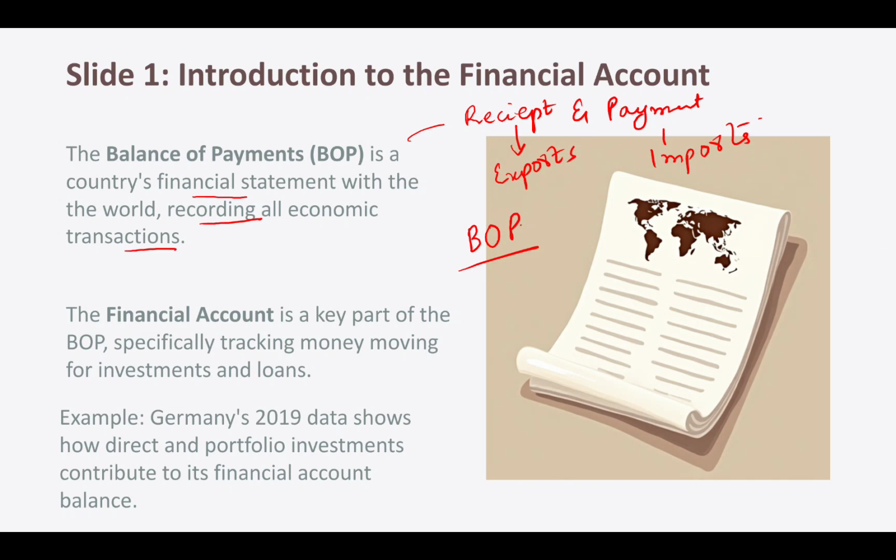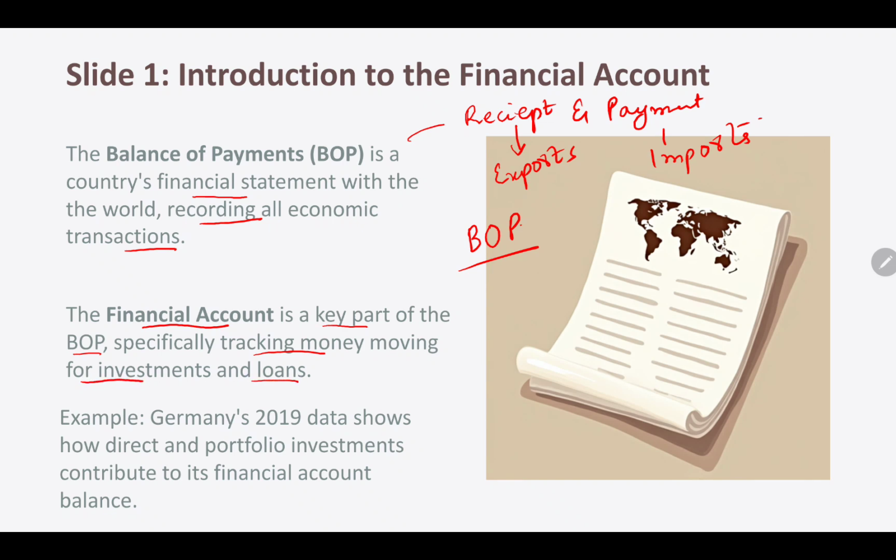Let's see number 1, the financial account. What is the financial account? Very first, let's understand. The financial account is a key part of the BOP, especially tracking money moving for investments and loans.